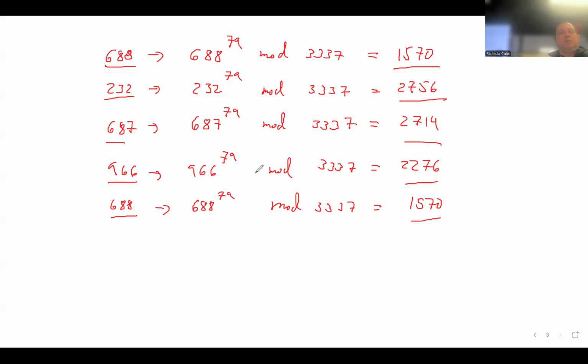So you can now create the cipher: 1570, 2756, 2714, 2276, 1570. So what do you remember about symmetric encryption? We were just XORing, right?